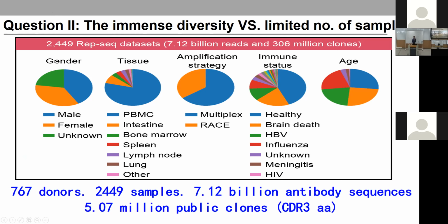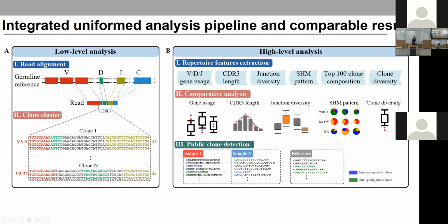Okay, so this 2,500 Rep-seq data set contains different genders, across different tissues, amplification strategies, immune status, and age. Then what we did later is we used a uniform analysis pipeline to perform the low-level and high-level analysis.